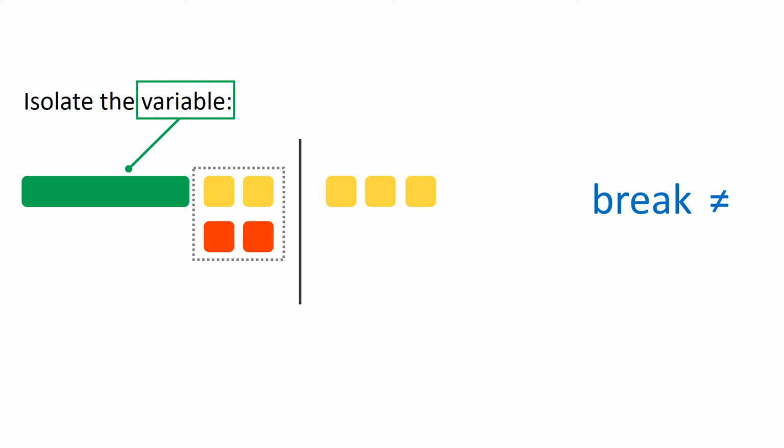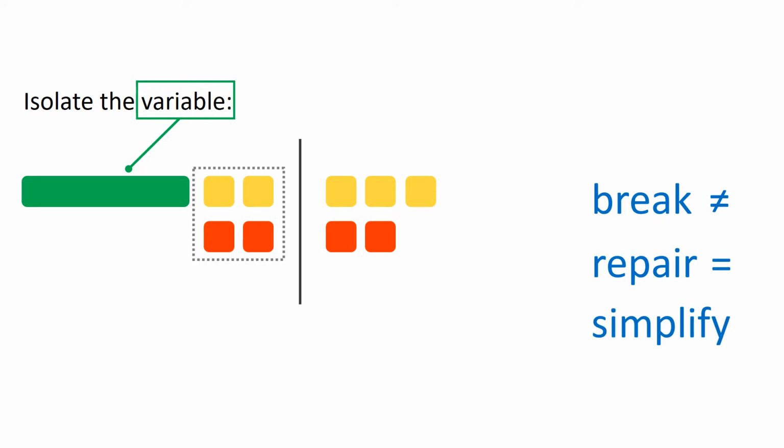It's no longer equal. So what we need to do is repair the equation. We always have that break and repair step. To repair the equation, we have to do exactly the same on the other side. So we have to add 2 reds to the other side as well. So I've repaired the equation. It's now equal, it's now balanced again.